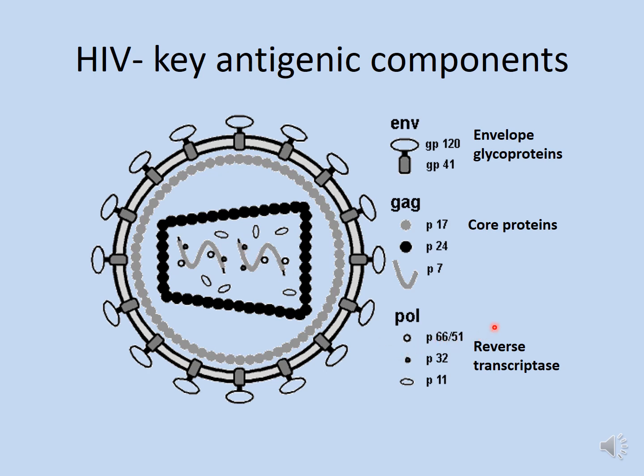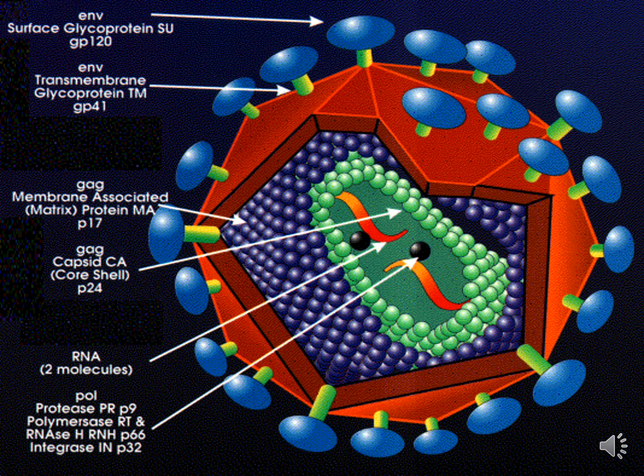While the third set of structures in the HIV virus is the reverse transcriptase, right, which is present in the core, right? So this is P66, P51, P32 and P11. Now this is just a color enhanced diagrammatic representation of the same. You're seeing the envelope surface glycoprotein, GP120.